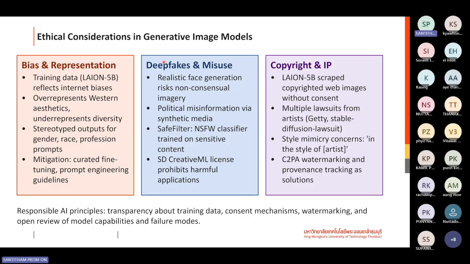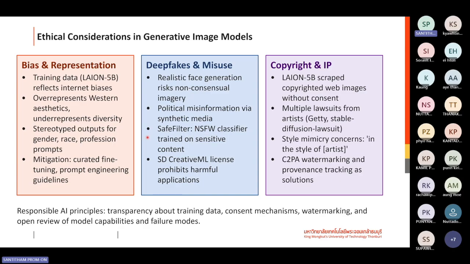Second issue in ethical consideration that you should think about is that surely you can generate faces, you can generate non-consensual images, and it can be used for political misinformation, synthetic media, or NSFW as well. You can put a safety filter into that.